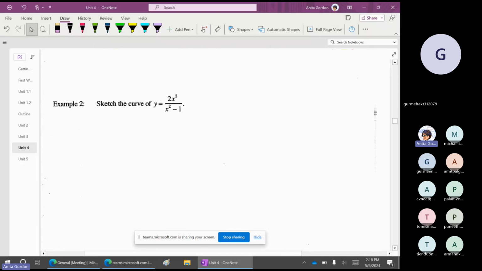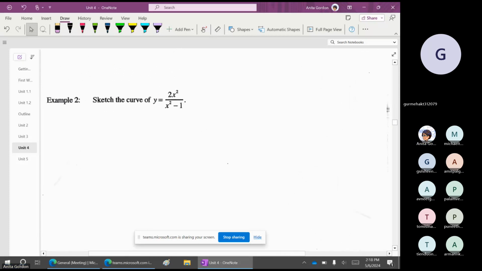Which one's harder? 3 is tricky, but visually I think 2 is harder because you have asymptotes that we haven't really done too much of. Do we want to do number 2? Why don't we just do it. I don't think you're going to rush it. Well, I won't rush. I will do only as much as we can get to. So which one do you want me to get started?